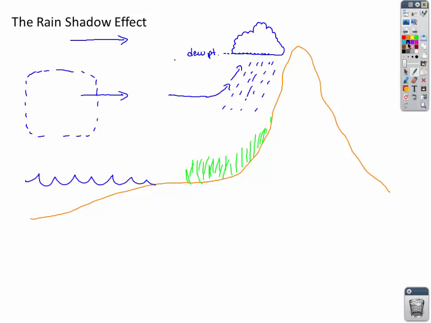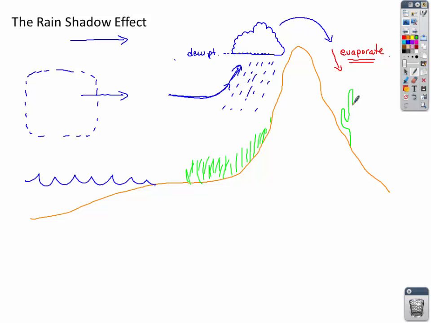Alright, now follow along. As the air comes onto the other side of the mountain and begins to descend, what's going to happen to the temperature of the air as it descends the mountain? If it cools as it goes up, it's going to actually warm as it goes down. So any liquid water is going to evaporate, because now warmer air can hold more moisture, and what you're going to have on this side is different vegetation.